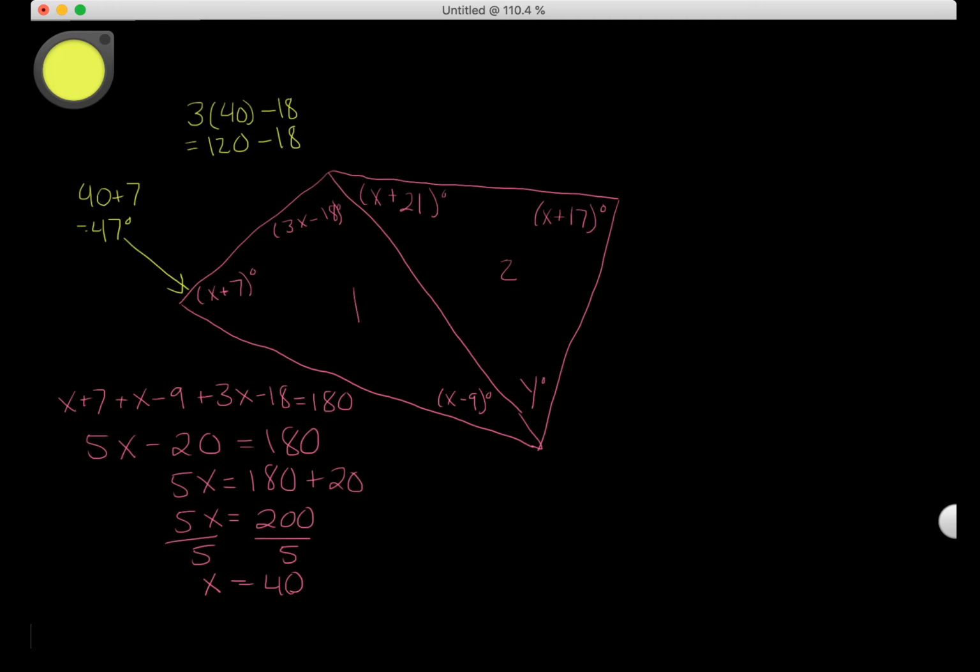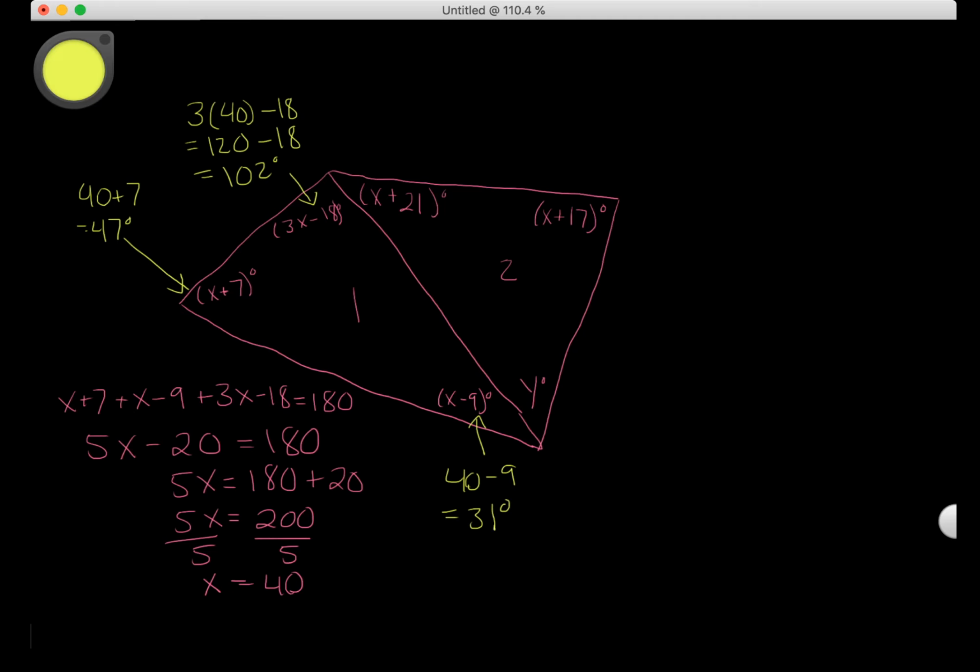And the last one, x minus 9. So this one here would be 40 minus 9. 40 minus 9 would be 31, so equals 31 degrees. So this angle is 31 degrees. Okay, so 47 plus 102 plus 31.